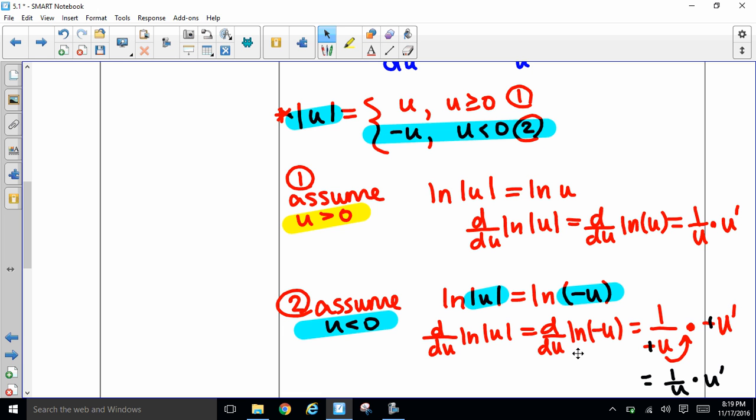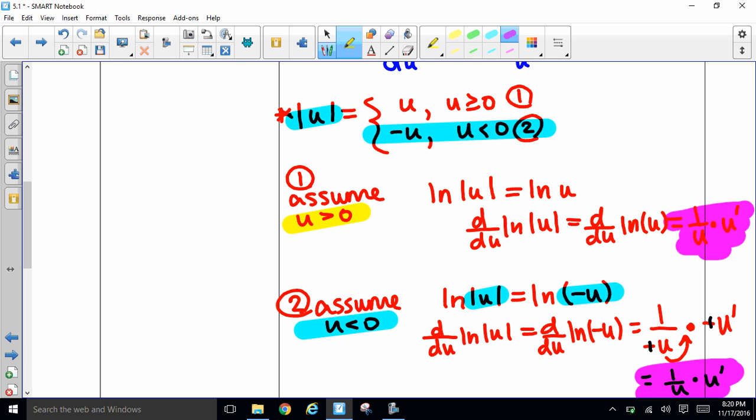To differentiate natural log of anything, you do 1 over that thing times the chain rule of that thing. The derivative of negative u is negative u prime, but with a double negative, that cancels out.